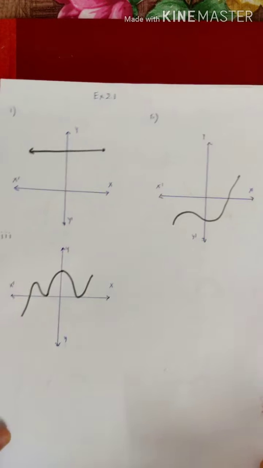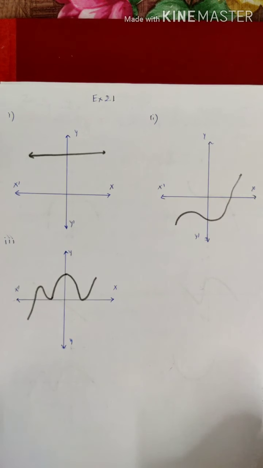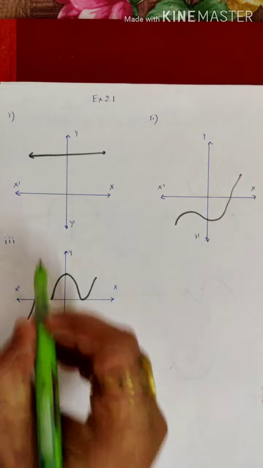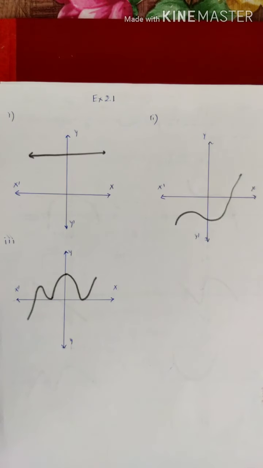Moving to a few questions from your exercise. The question is the same. The following are the graphs or the curves given for the polynomial y = p(x). We are supposed to calculate the number of zeros through the graph. As you can see from the very first graph, we have no intersection of this curve on the x-axis.